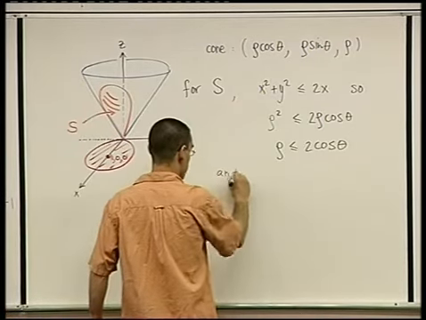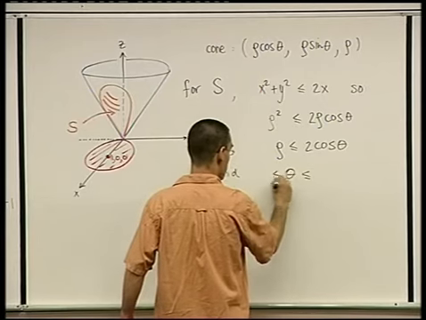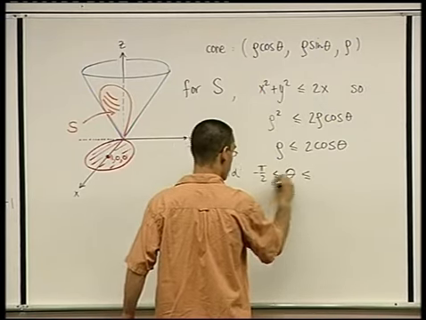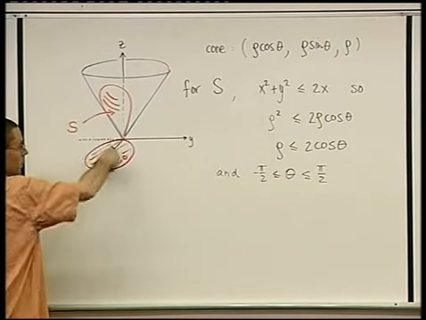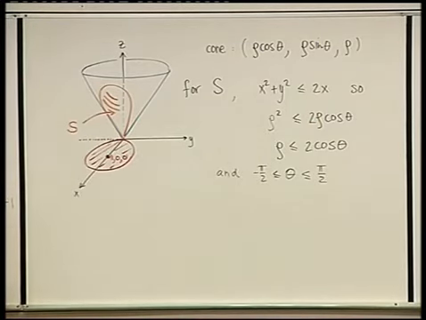And theta is bounded between minus pi over 2 and pi over 2. Only thetas from here to here live in this. S lives only for those thetas. Clear? Good?